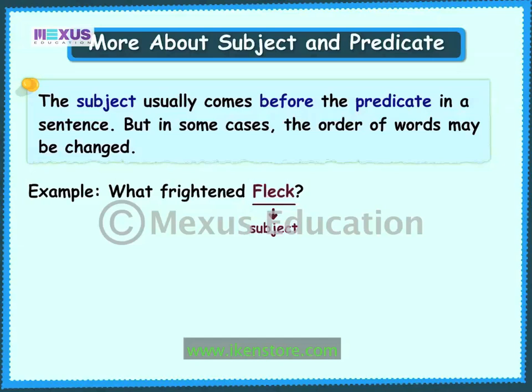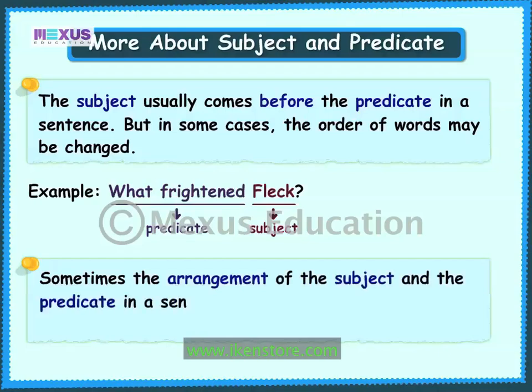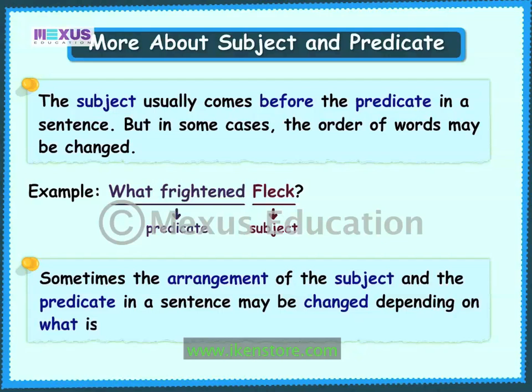What frightened is the predicate. The predicate appears before the subject in this sentence. So, sometimes the arrangement of the subject and the predicate in a sentence may be changed depending on what is being said and how it is being said.